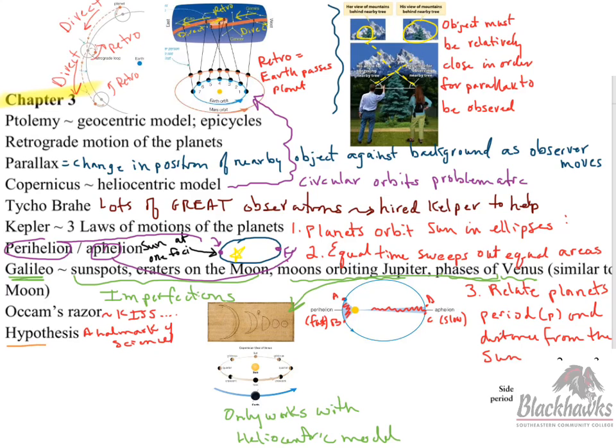It's as simple as possible. If your model is too complicated, like Ptolemy's epicycles, what you're trying to do is probably force-fit your observations to what you want them to be. Okay, so of course, keep it simple.